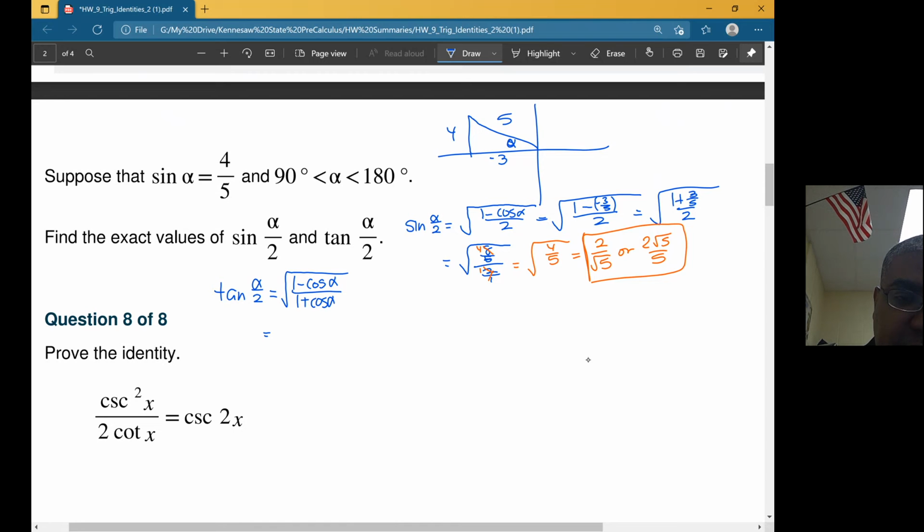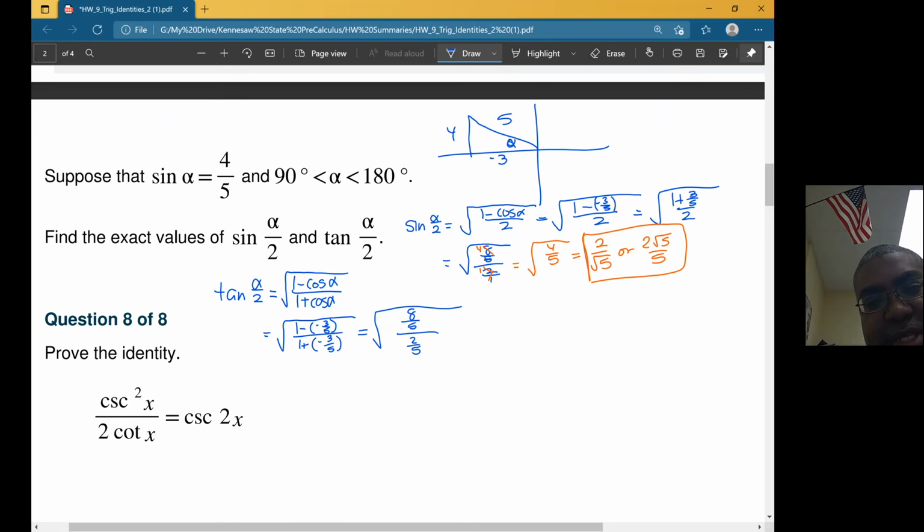All right, so that is square root of, cosine we've already established is negative 3 over 5. So 1 minus negative 3 over 5 over 1 plus negative 3 over 5. Okay, again, already established. The numerator is 8 over 5, over 5 over 5 minus 3 over 5 is 2 over 5.